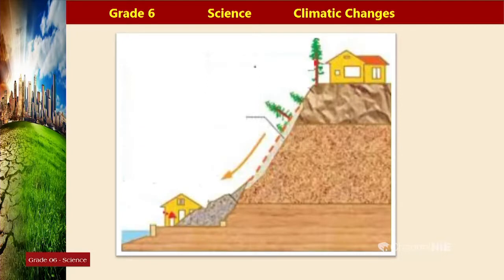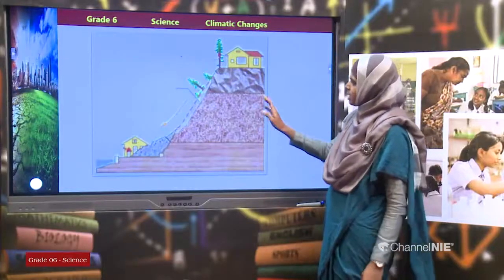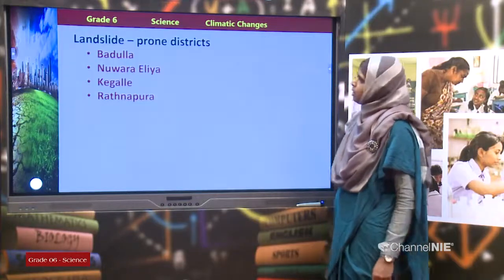The soil from this area, around the slope, would be removed from this area and move down, destroying all the constructions. Whenever it moves down, all the soil together with the stones, plants would move down and cover the area which is down over there. This is for your extra knowledge.